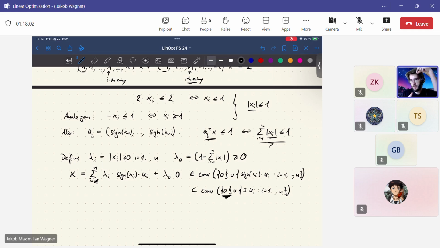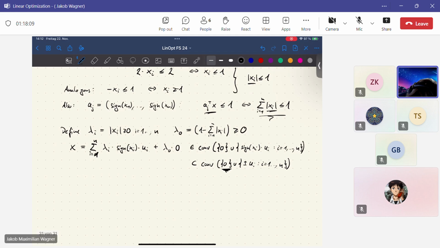So if you take a half plus one unit vector plus a half minus a unit vector, you again get the 0 vector. So this is already in the convex hull of the plus minus u_i's. So all in all, this gives that this is contained in the convex hull of just the plus minus u_i's because we don't have to additionally add the 0 vector. And we see that this was just the definition of the set C.